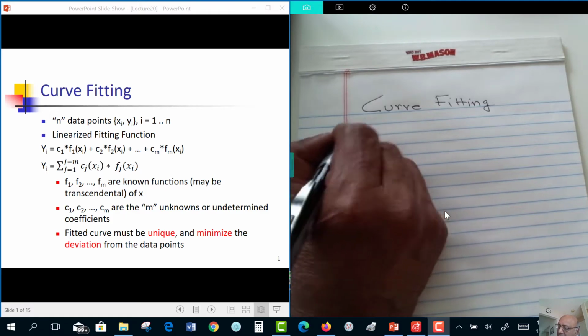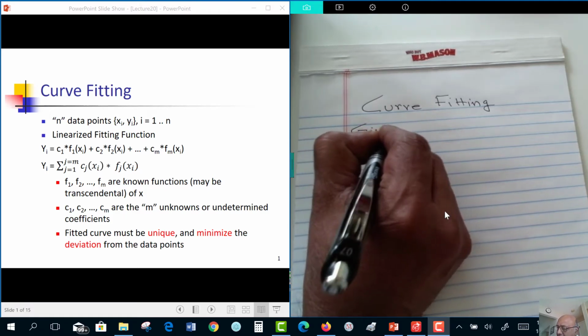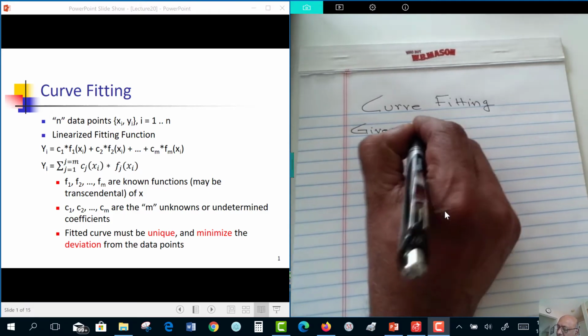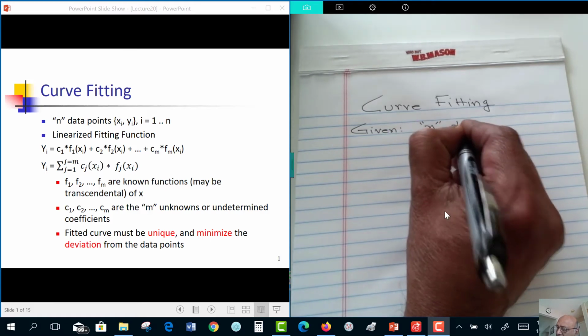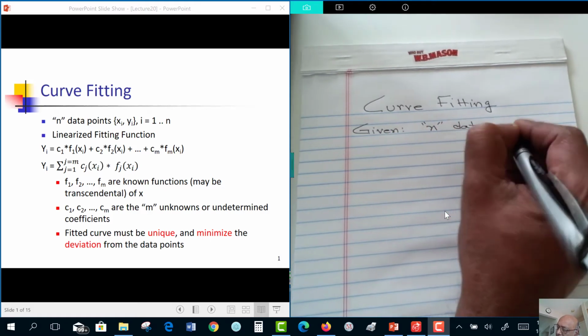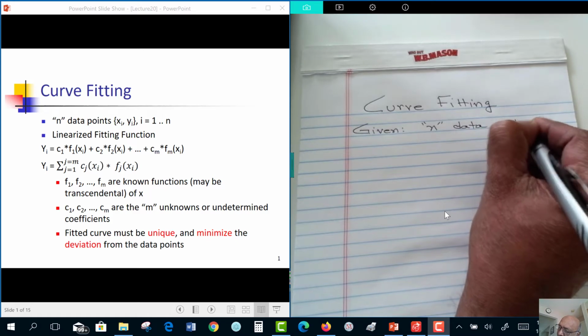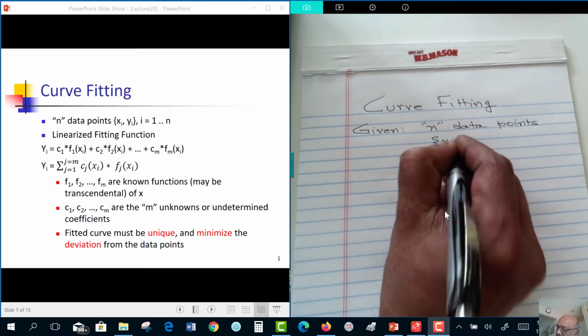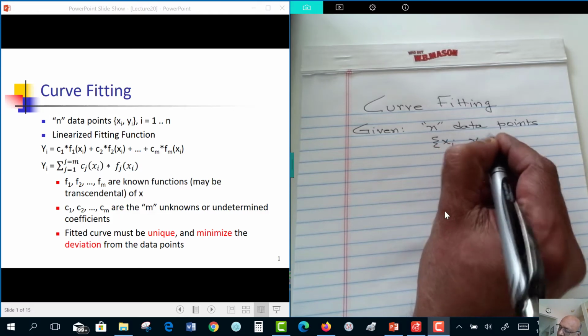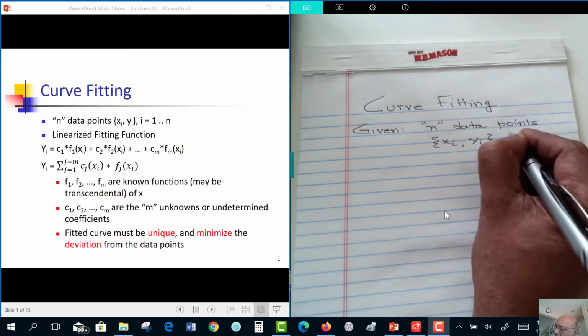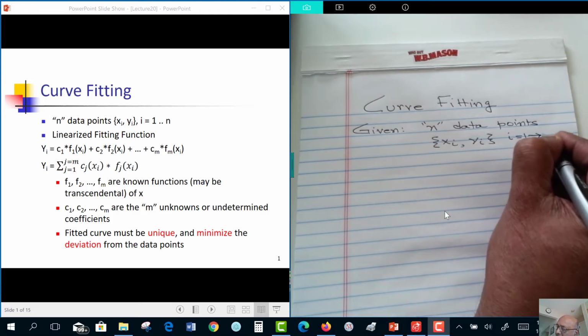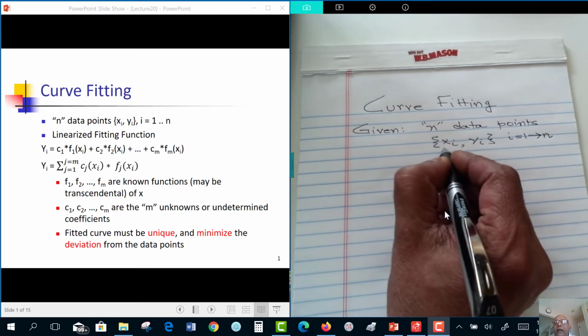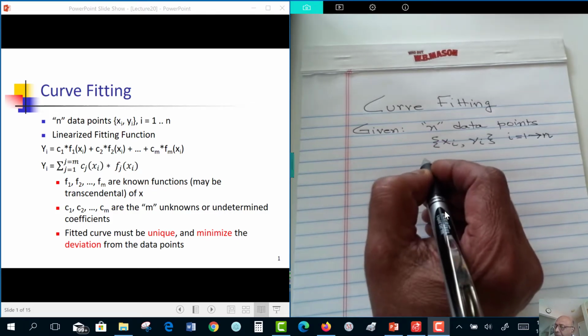So we are given n data points. What we mean by it? We are given their coordinates. So we'll number the points i from 1 to n, and their coordinates are xi, yi.